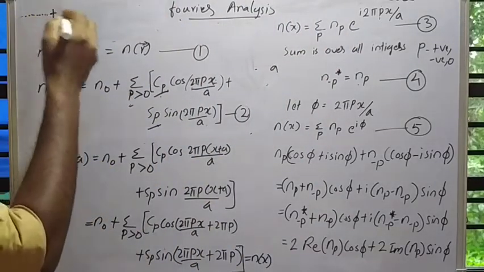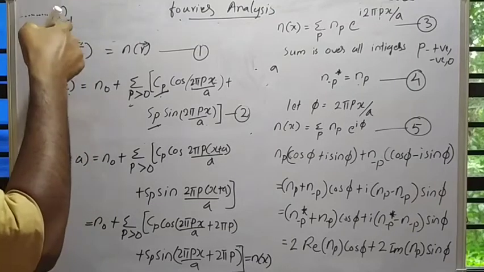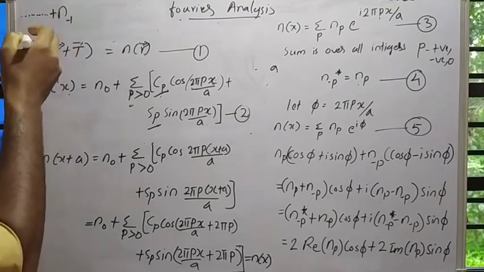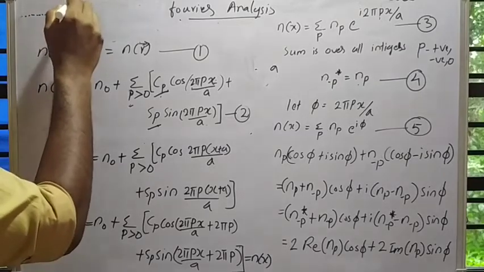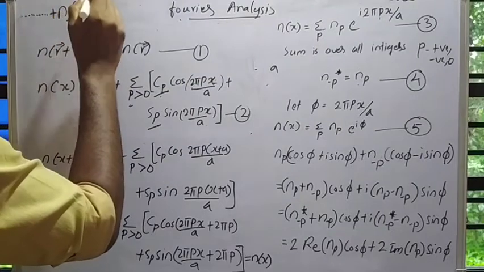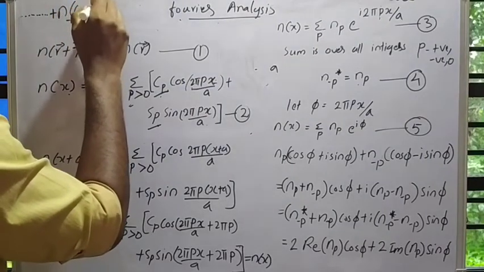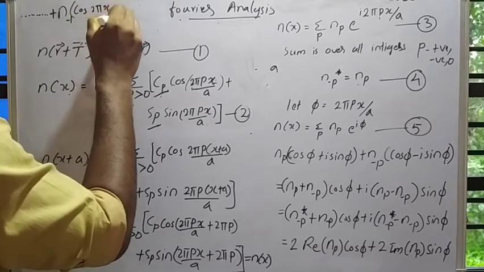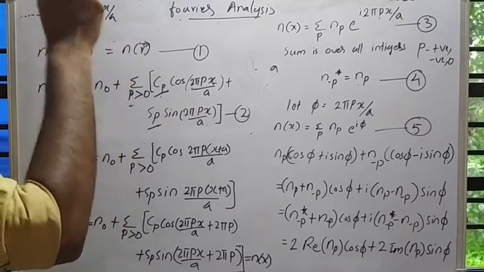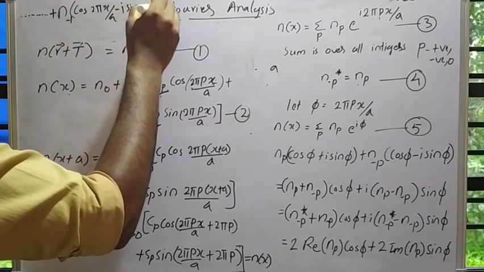So etc. plus, I am considering just 3 terms. n minus 1: when p equal to minus 1, n minus 1 e raised to i 2 pi px over a is cos(2 pi x over a), cos minus theta equal to cos theta, minus i sin 2 pi x over a.